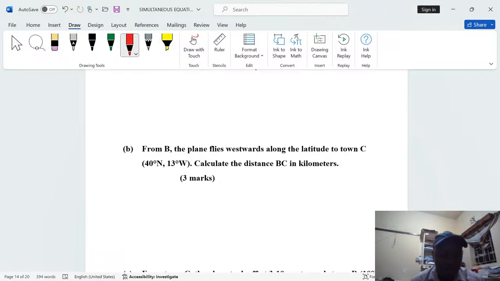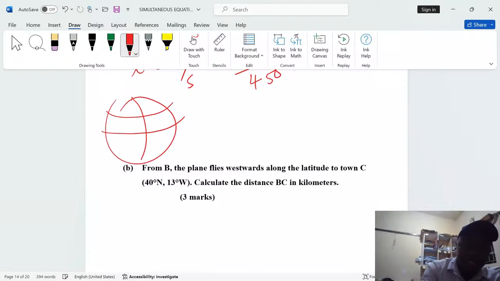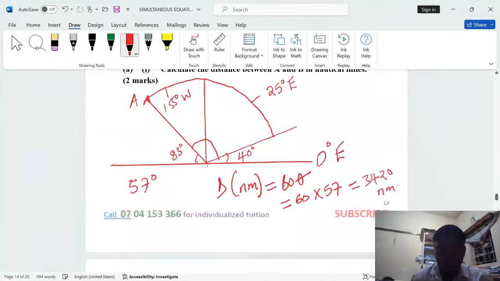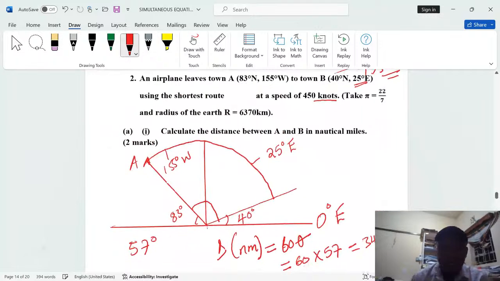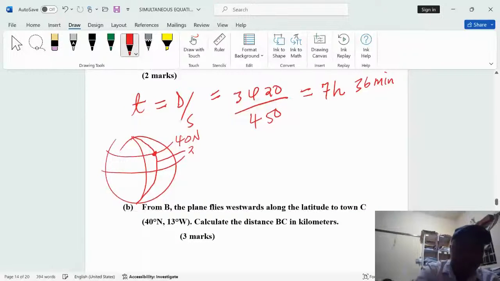Again, we are told that from B, the plane flies westwards along the latitude to town C, 40 degrees in the north, 13 degrees in the west. Therefore, now we are moving. Remember, we have already landed at 40 degrees north, and place B is 25 in the east.